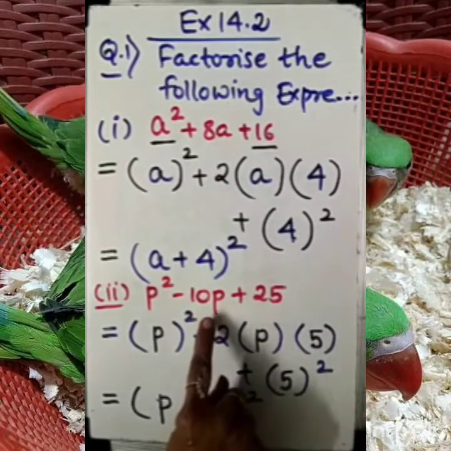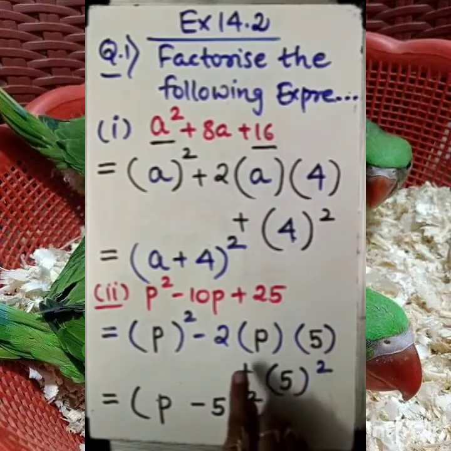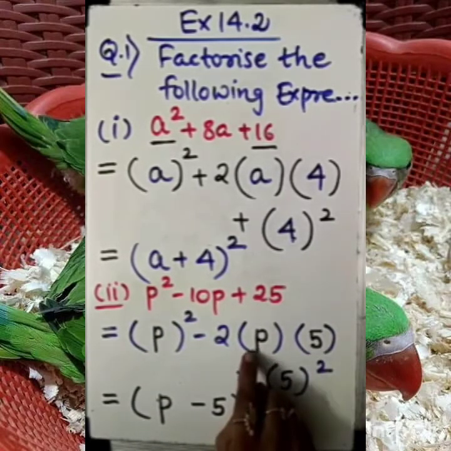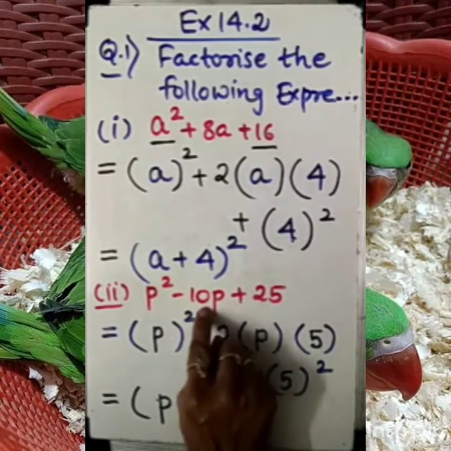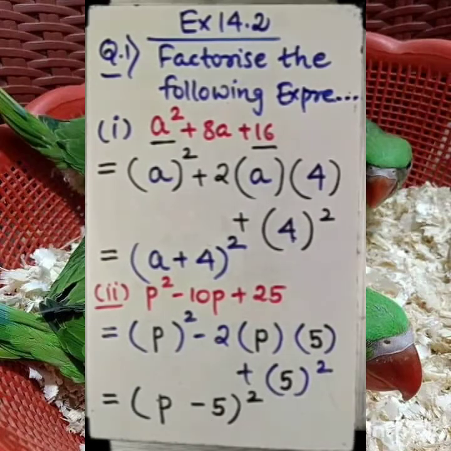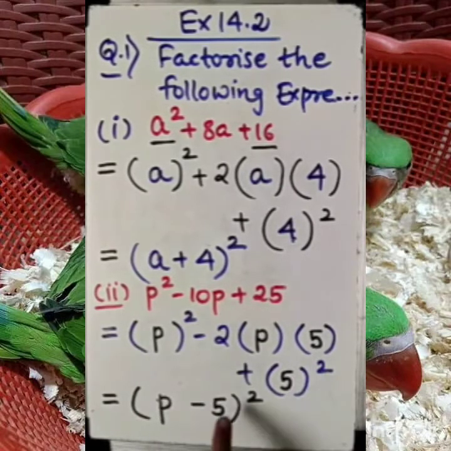Now here also, where is this minus 10p? So just think about that. 5 into p into 2. Let's multiply: 5 twos are 10. 10p. So it is minus 10p. Got it? So this automatically sets and we only have to work on the first term and the last. Got it?